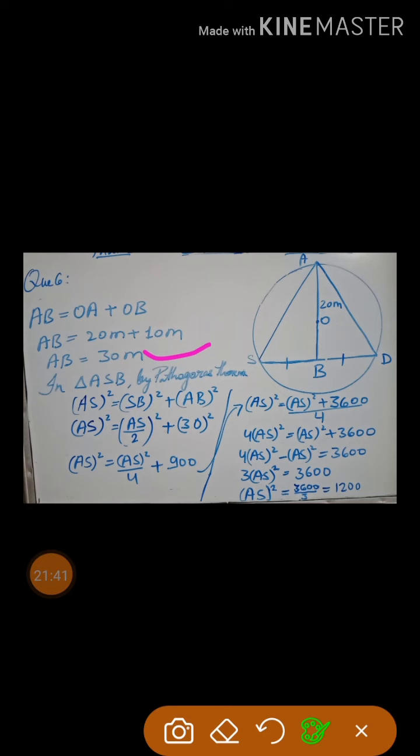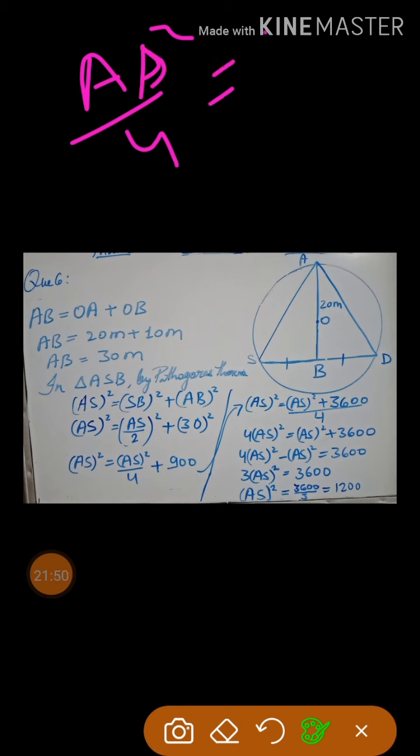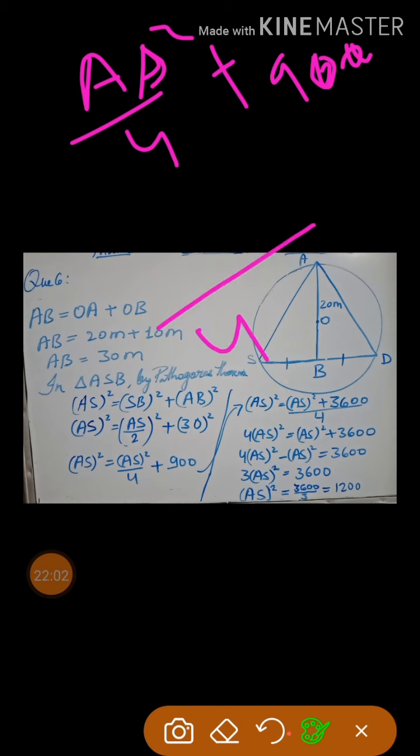Now we shall add AS square by 4 plus 900. This is a fraction, so we will take the LCM. The LCM will be 4, because the denominator here is 1. Now 4, how many times is 4? 1 time.